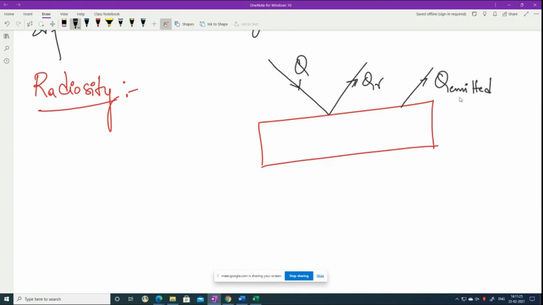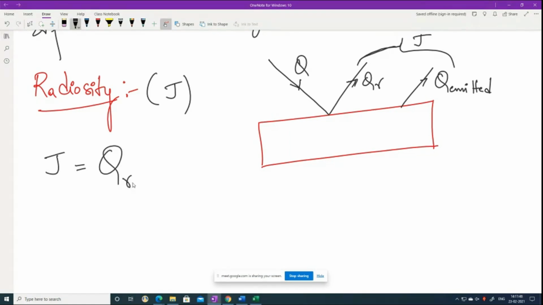Some heat energy is emitted. So if I take the sum of these two, the reflected part and the emitted part, I will have something called radiosity, represented by J. So simply put, the radiosity J is the sum of reflected radiation and emitted radiation. Okay.